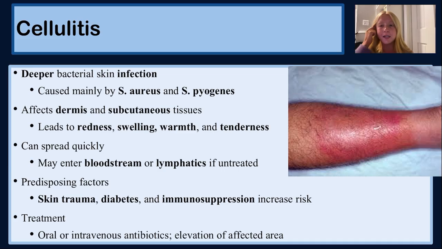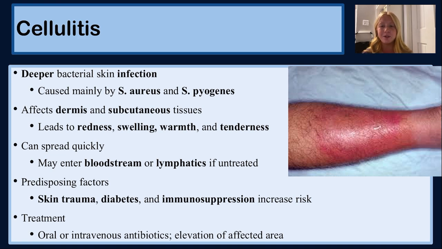So now I'm going to talk about cellulitis. This is a serious infection that spreads below the surface of the skin, involving the dermis and the subcutaneous tissue. It's caused primarily by Staphylococcus aureus or Streptococcus pyogenes, and it presents with redness, heat, swelling, and pain in the area.